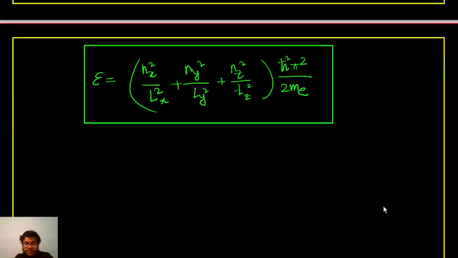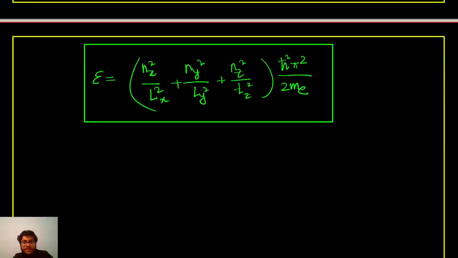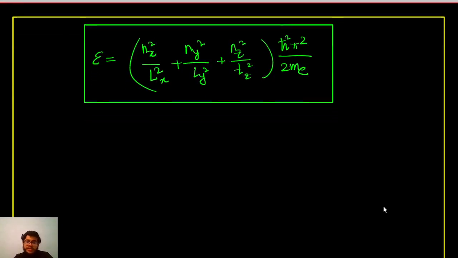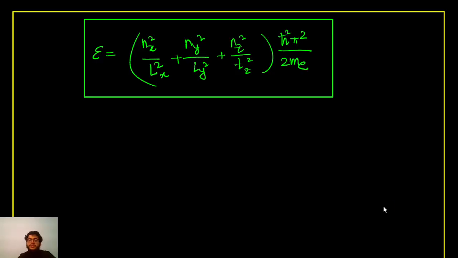Okay, so what happens now is very simple: how does the energy surface look? So these are now nx, ny, and nz. Nx, ny, nz are called the quantum numbers.